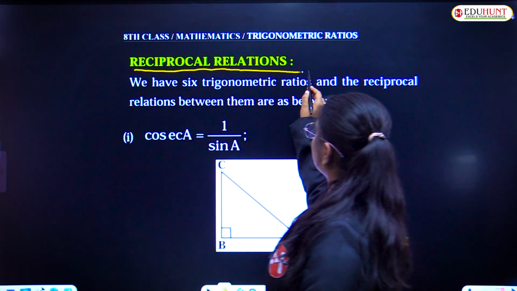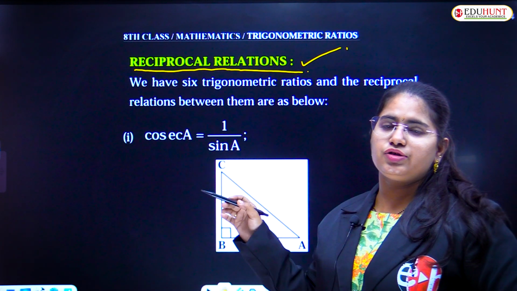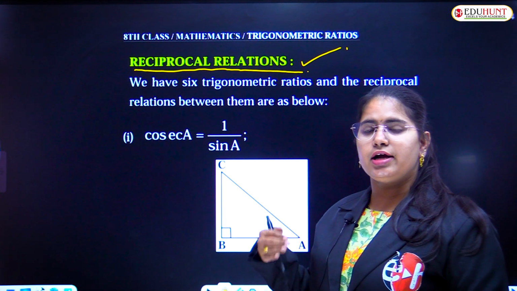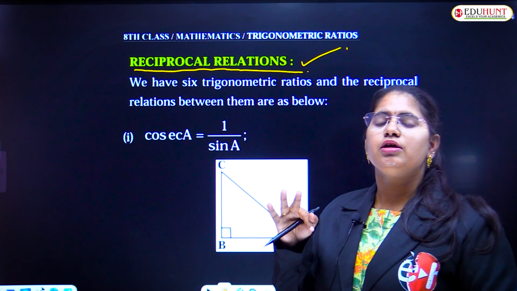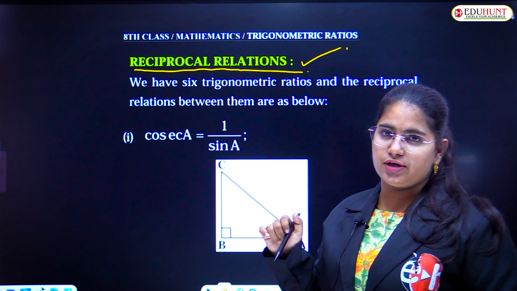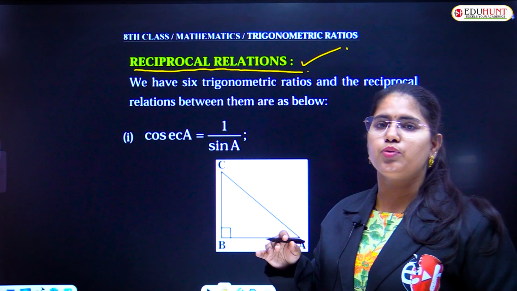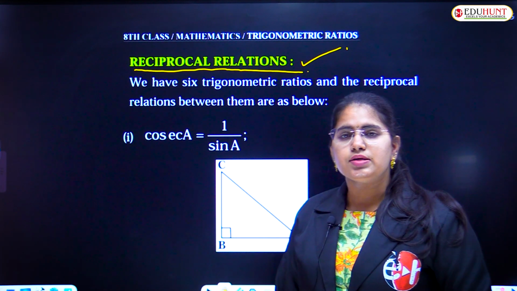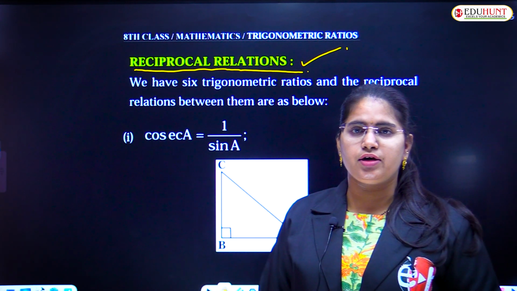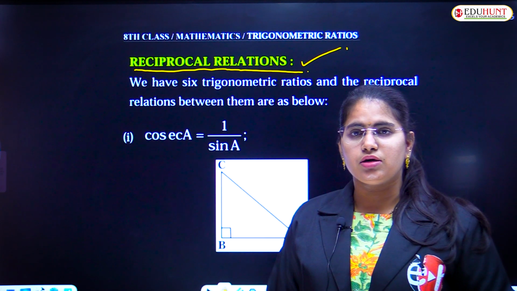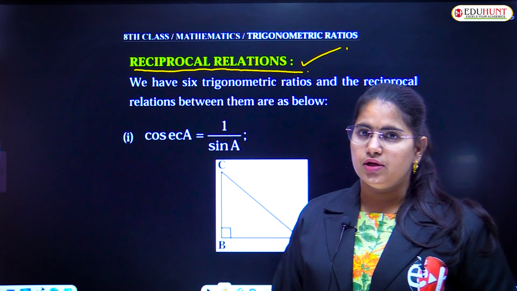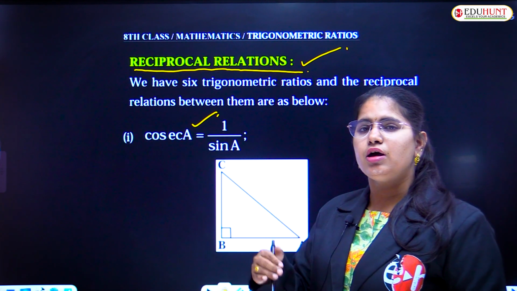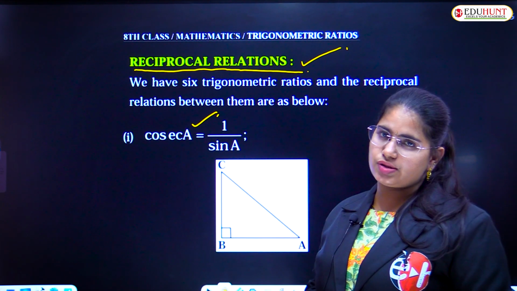We have six trigonometric ratios, and we have discussed the first three well: sin theta, cos theta, which is defined as the complementary of sine, and the third one, tangent theta. Today we will discuss the rest of the three and how they are formed.